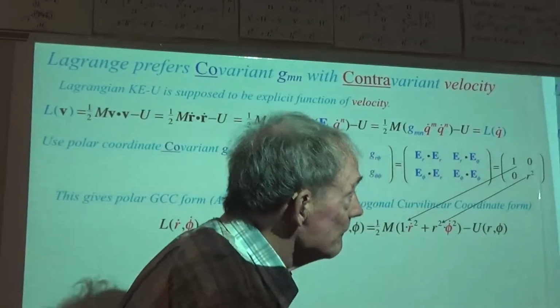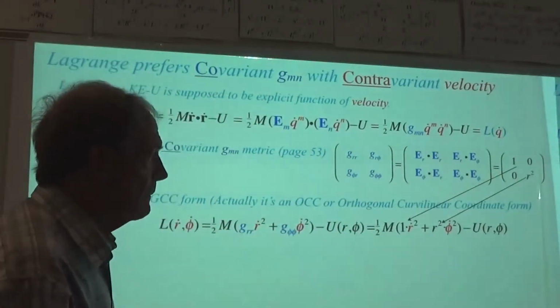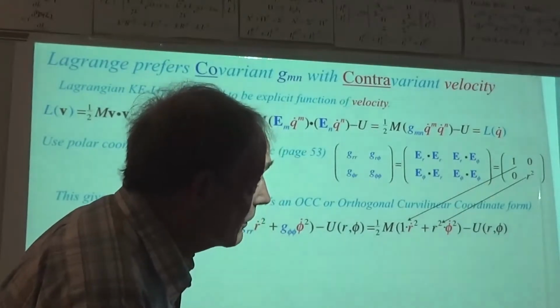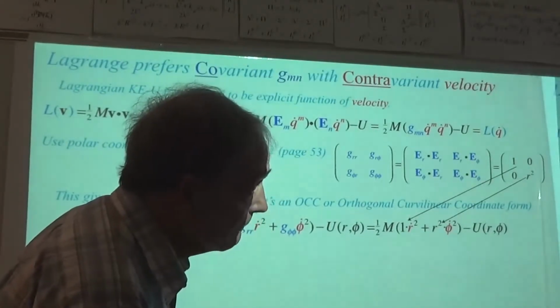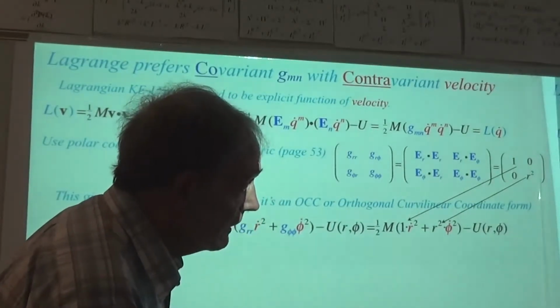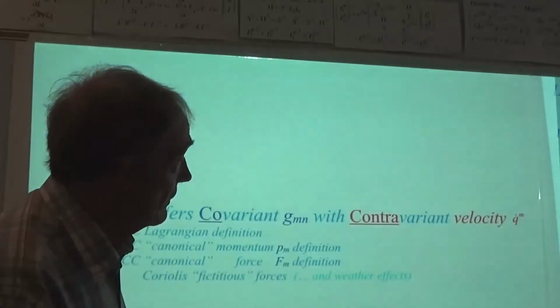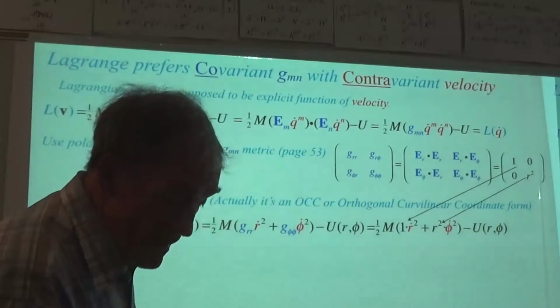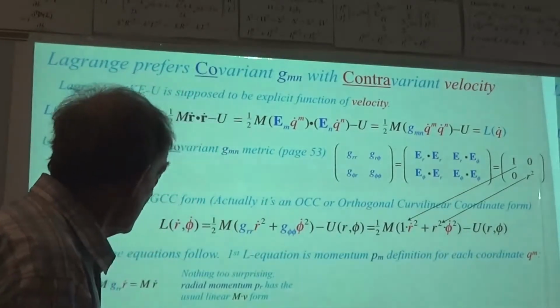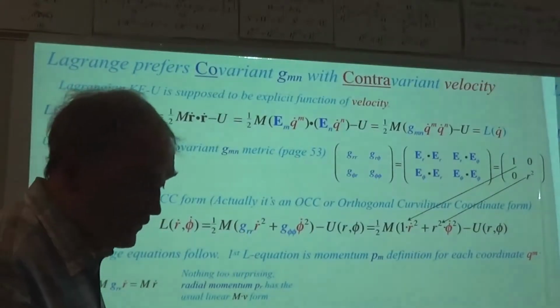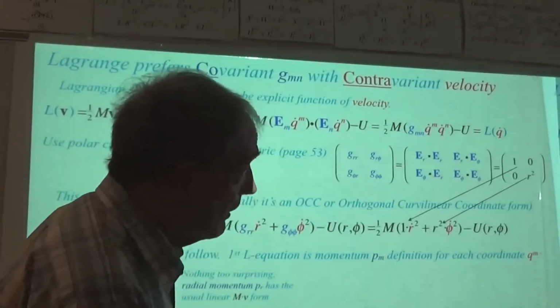Now, what we ought to see right away is the canonical momentum, and we know how to get that pretty easily. There it is, for one coordinate. This particular one is not very surprising.